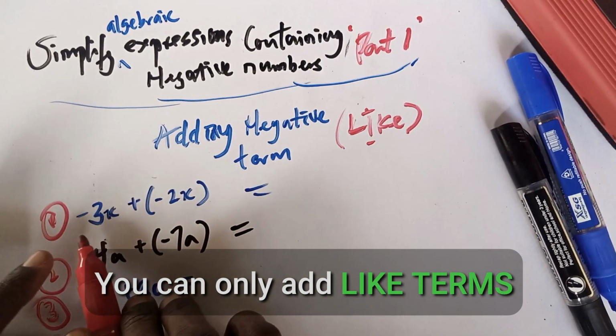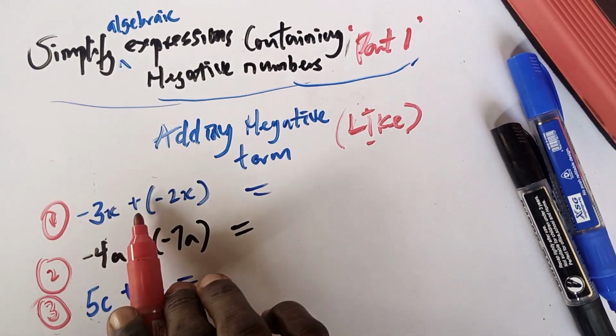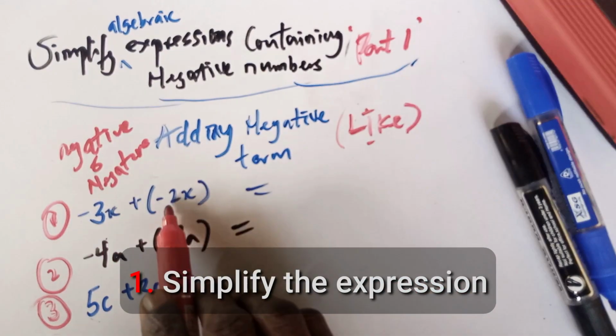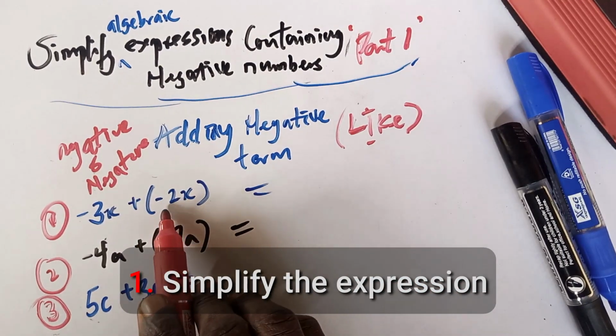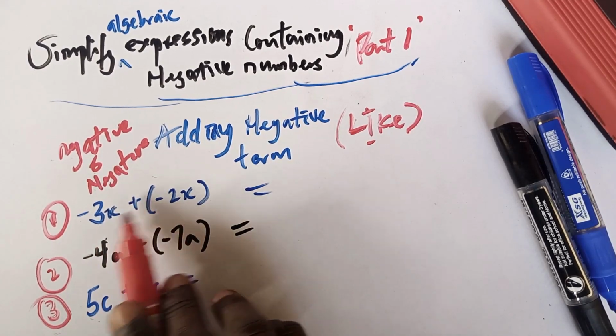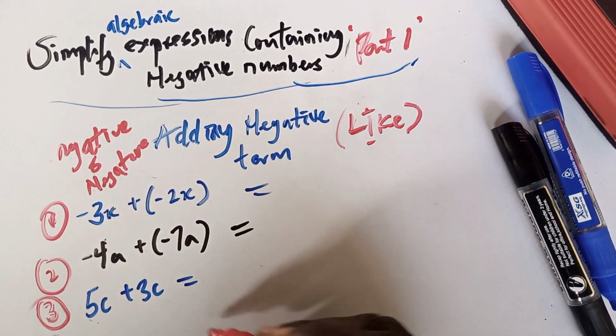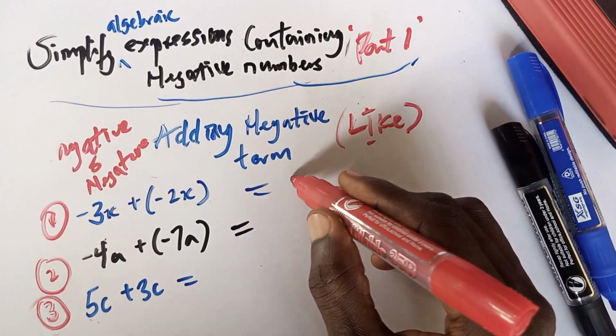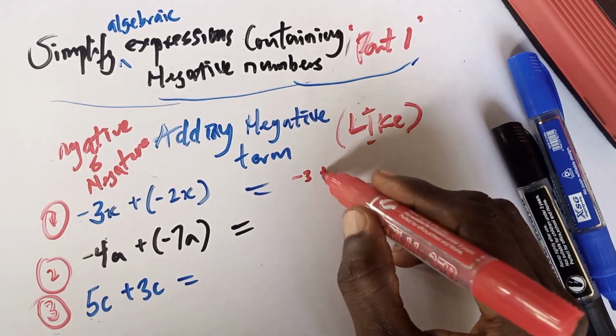Now if you have minus 3x plus minus 2x, the coefficient is minus 2. Whenever you see a negative coefficient like that, you want to add it together. The first one here is minus 3 plus minus 2.